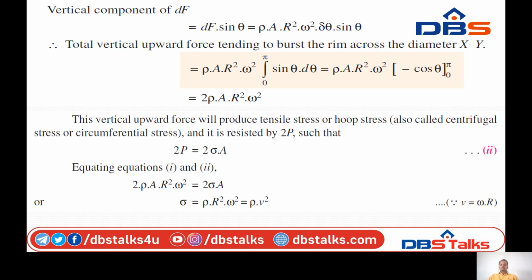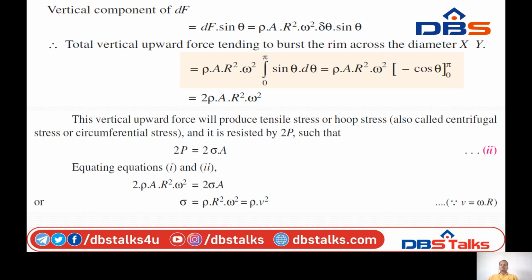The centrifugal force of the element, acting radially outwards, is dF equals dm into omega square into R, that is rho A R square omega square into delta theta. Then the vertical component of dF is also to be found out: dF sine theta, that is rho A R square omega square sine theta into delta theta.